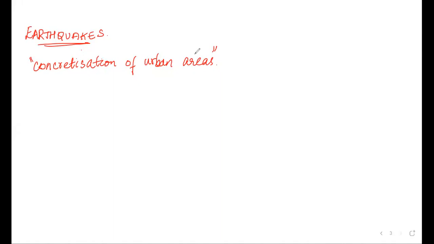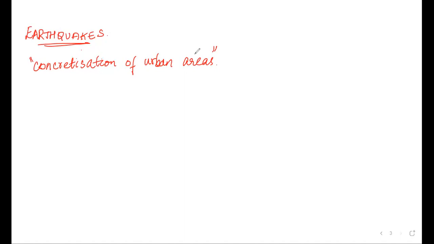Now, earthquakes with respect to India are mostly concentrated in the Himalayan belt region. Based on this, we can divide India into five seismic zones, and this has been designed by the Bureau of Indian Standards.